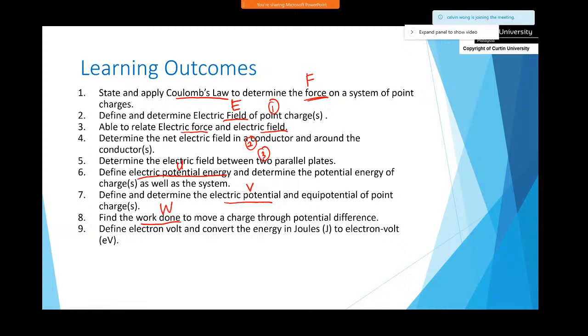So basically there are four main terms in this topic: electric force, electric field, electric potential energy, and potential. We will look at them one by one. And finally is potential.